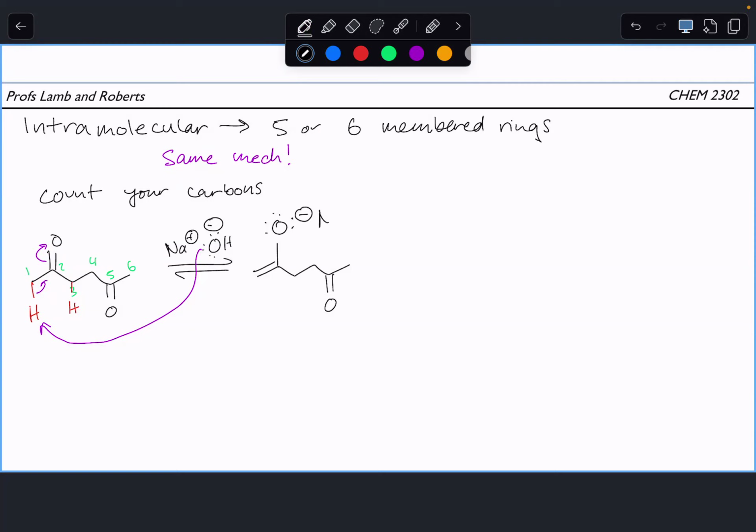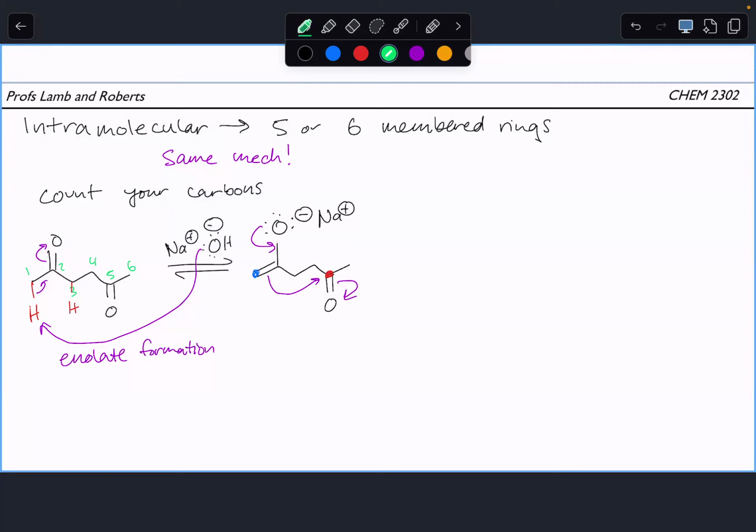So I have formed an enolate, right? So now I need nucleophile to attack electrophile. So where's my electrophilic site? Better be the carbonyl carbon. My nucleophilic site is my alpha carbon on my enolate. So nucleophile attacks electrophile, break the weakest bond.